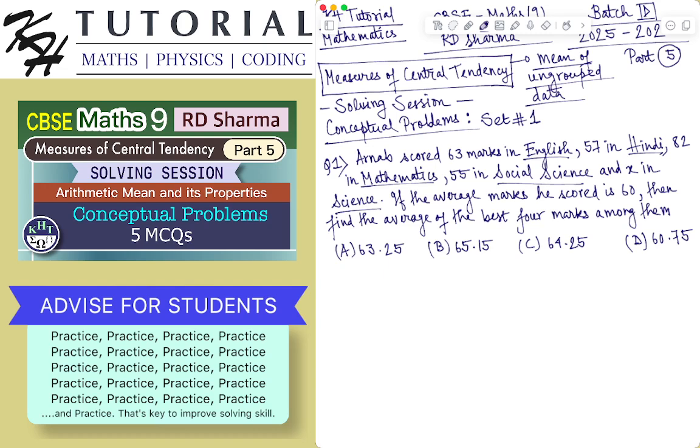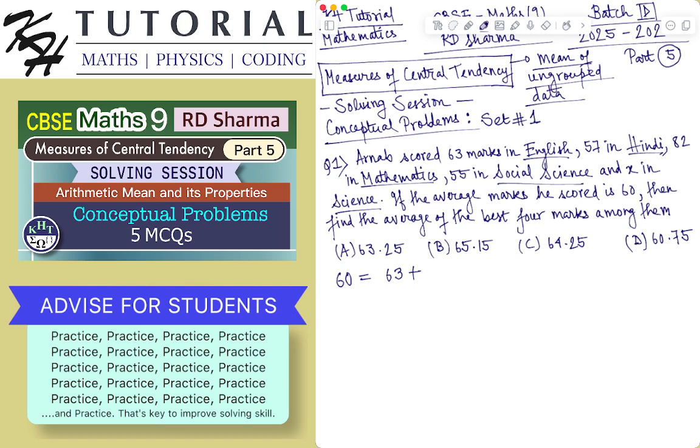So we have 60 is equal to the individual marks scored in English, Hindi, mathematics, social science, and science. The average marks that Arnob scored in all the 5 subjects will be the sum of the individual marks scored in each subject divided by the total number of subjects.